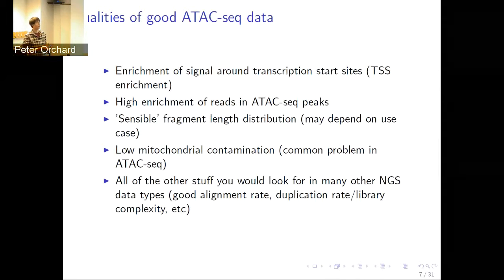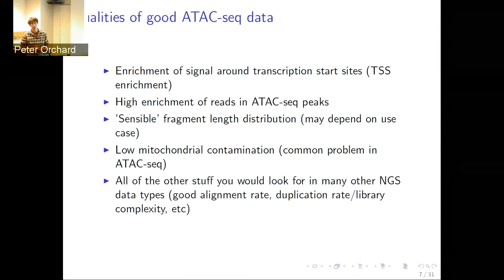That's usually quantified as transcription start site enrichment. More generally, you'll do peak calling as you do in ChIP-seq, and you expect a high fraction of your reads to land in those ATAC-seq peaks. So you expect a high concentration of your ATAC-seq reads in particular regions of the genome.